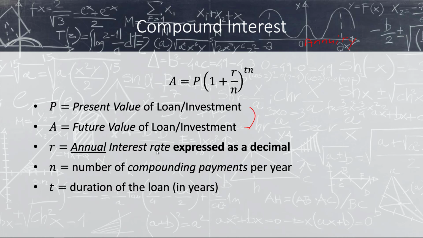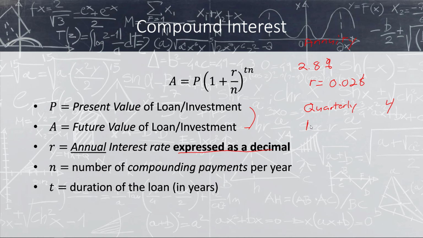R is the annual interest rate, but it needs to be expressed as a decimal. So if they give you an interest rate of 2.8%, then R is going to be that divided by 100, or 0.028. N is the number of compounding payments per year. So if it's quarterly, it is 4 payments per year.